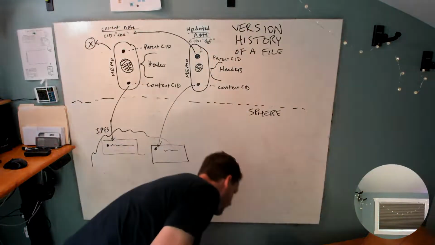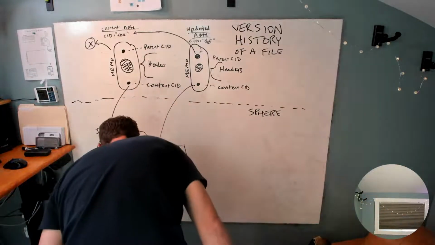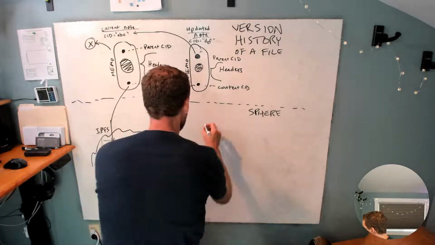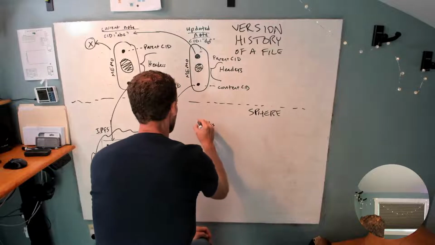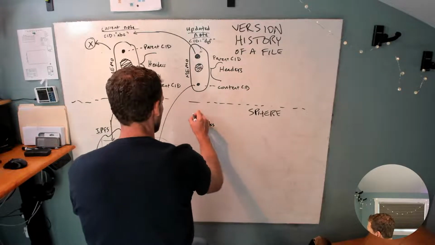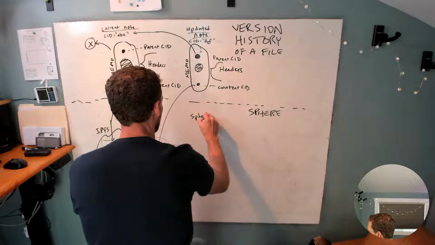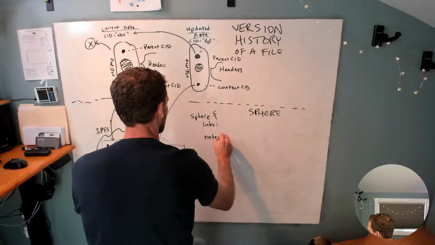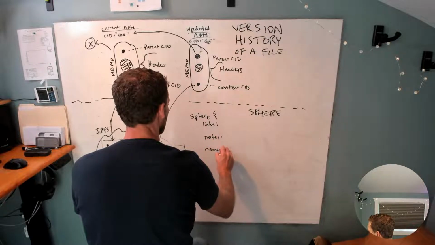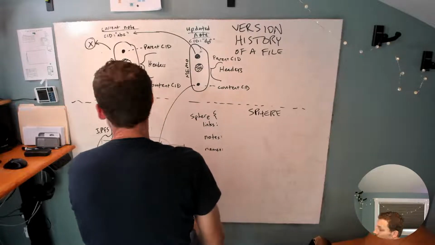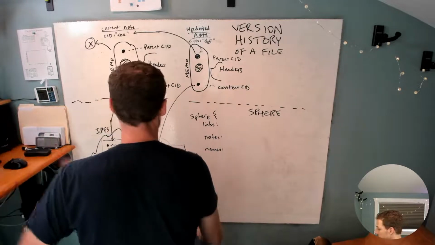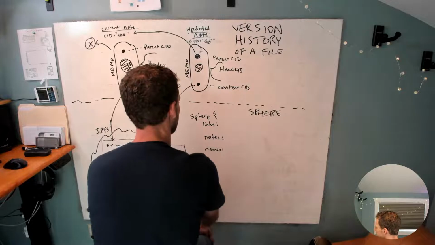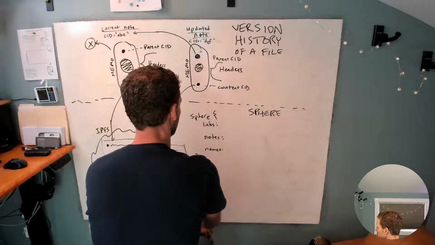The sphere data structure also uses this sort of, let's see, links, notes, and names. Those are the three things inside of sphere. And then inside the notes structure is the memos.